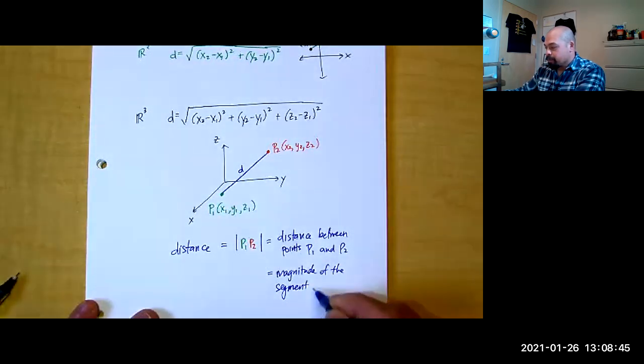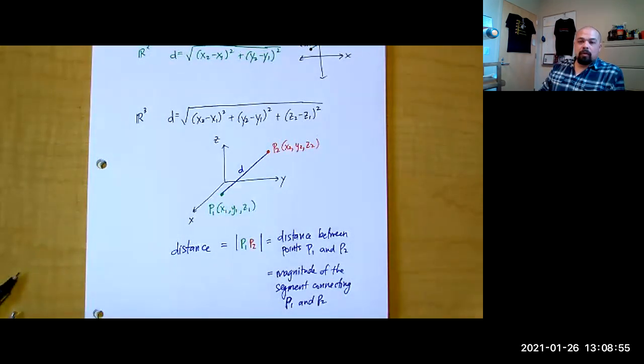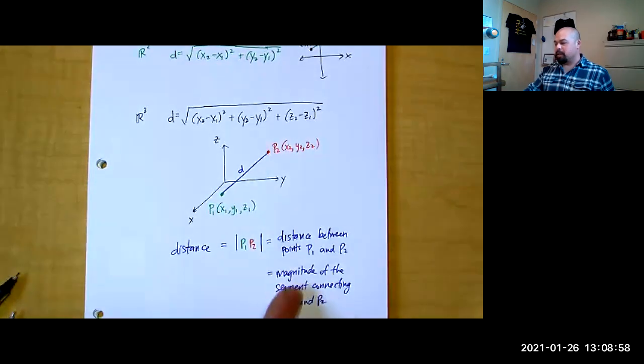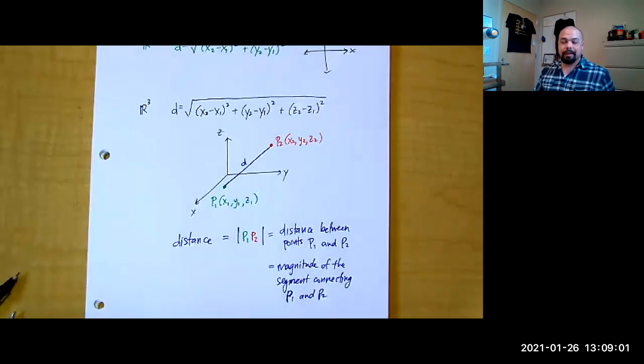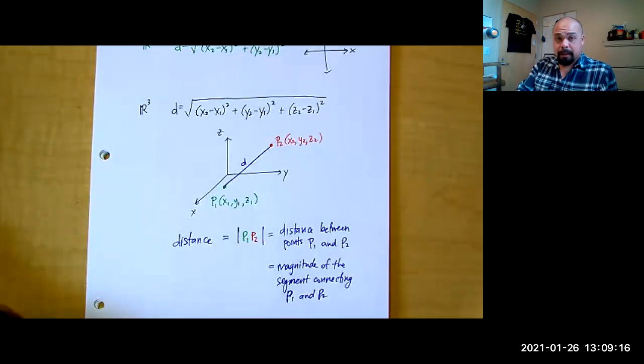The length of that segment connecting P1 and point 2. Right, starting to bring in some of the notation as well as the language, that magnitude, that distance, that length of that segment. And we'll see some more of this discussion, this notation, this visualization, as we start talking about vectors in the coming sections. Okay, but I'll leave it at that for now. This nice introduction to three-dimensional space, getting us used to working with some of these formulas and maybe even a little bit of the graphing part of it.